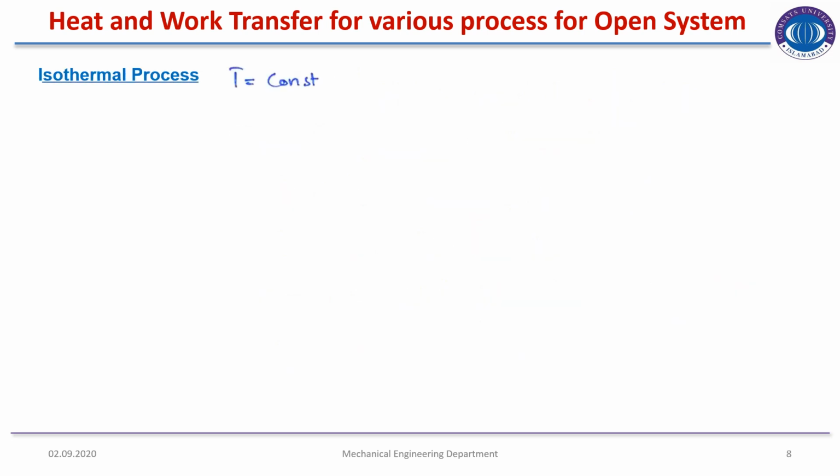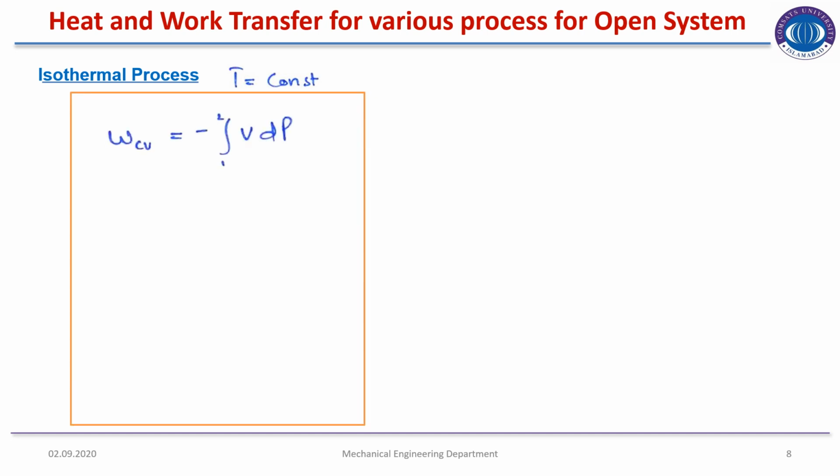Now for the isothermal process. What is the isothermal process? It is the constant temperature process. So the control volume work done for an open system is given by the integration of minus V dP.